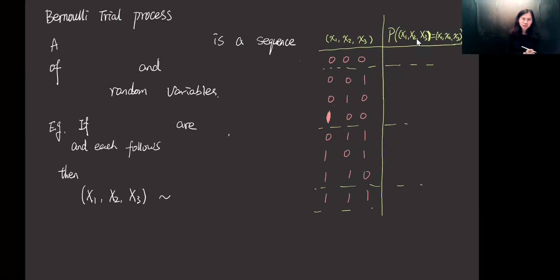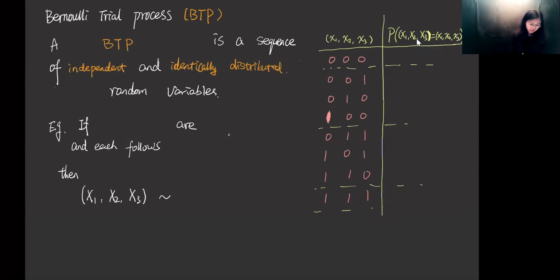So the definition of a Bernoulli trial process, or in short, BTP: a Bernoulli trial process is a sequence of independent and identically distributed random variables, and these random variables have to be Bernoulli random variables.